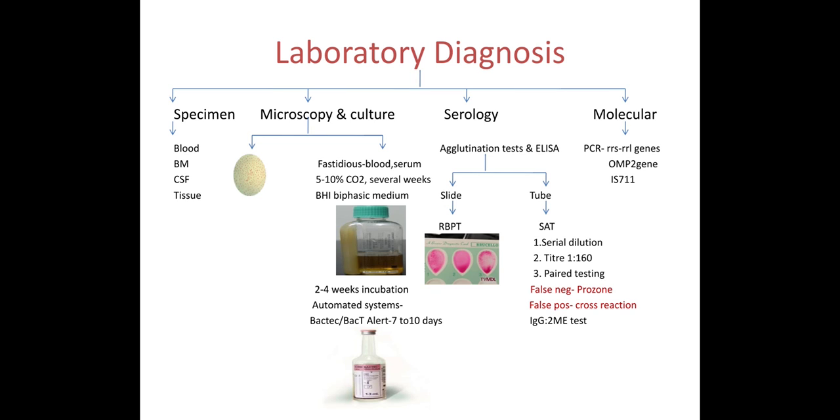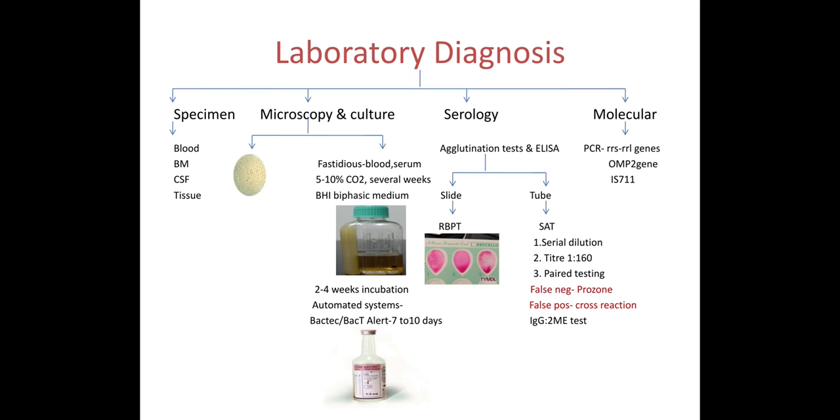for the confirmatory rise in titers. This SAT is known to give a lot of false negatives and false positives. The false negative result is mainly because of the prozone phenomenon, due to the presence of a large amount of antibodies. False positivity is due to cross reaction of brucellar antigens with many other human pathogens like Salmonella, Listeria and others.